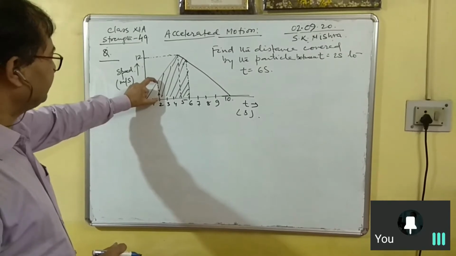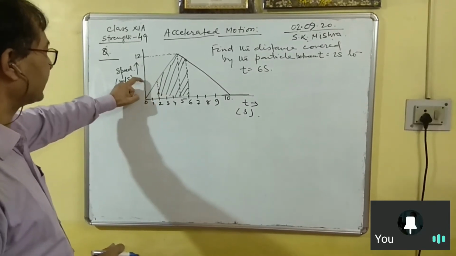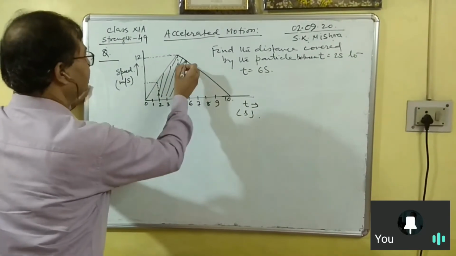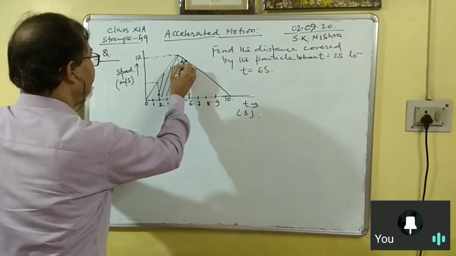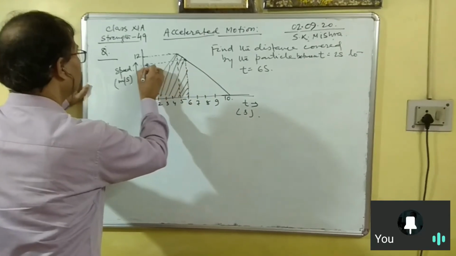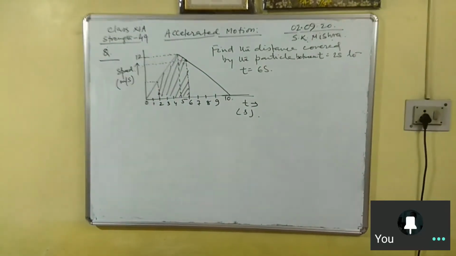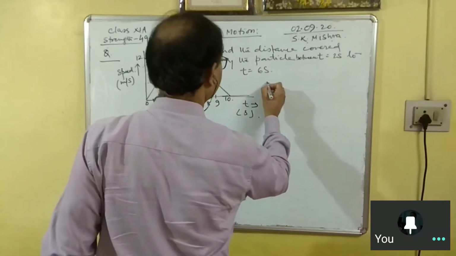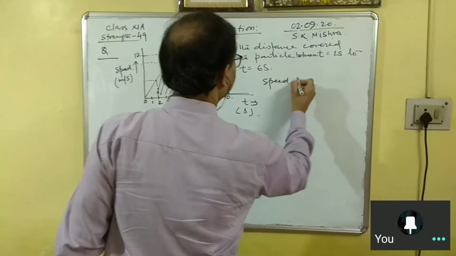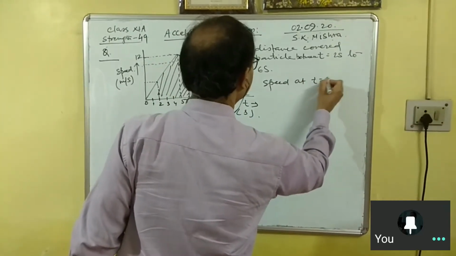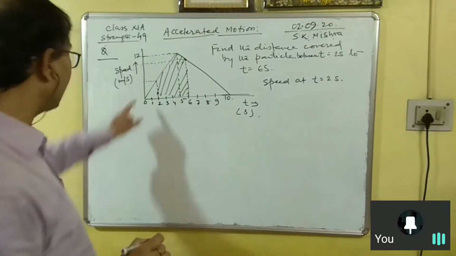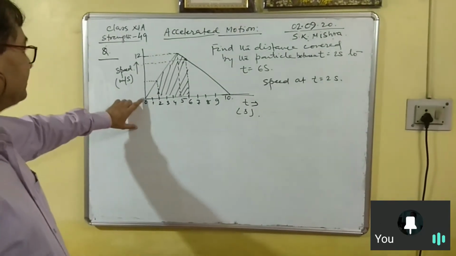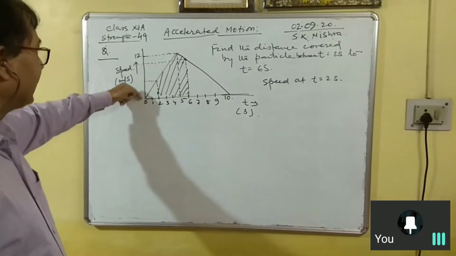So what is the speed of the particle at t is equal to 2 seconds? This you have to find. And then the speed of the particle at t is equal to 6 seconds, that also you have to find. To find the speed at t is equal to 2 seconds: the particle starts from rest, as the graph shows that initial speed is 0, and you can find the acceleration also.